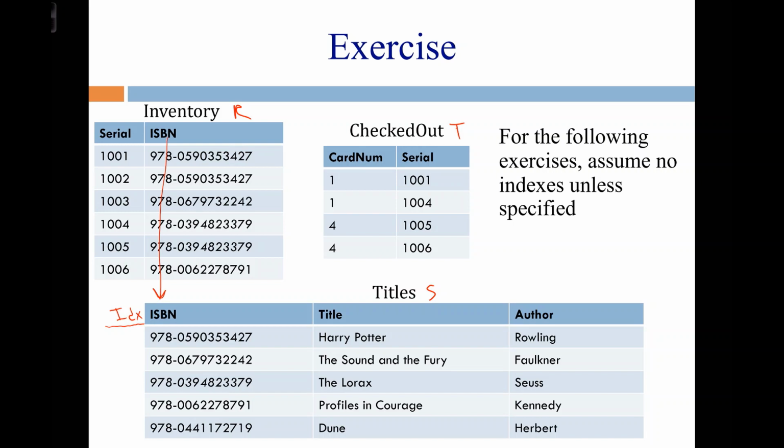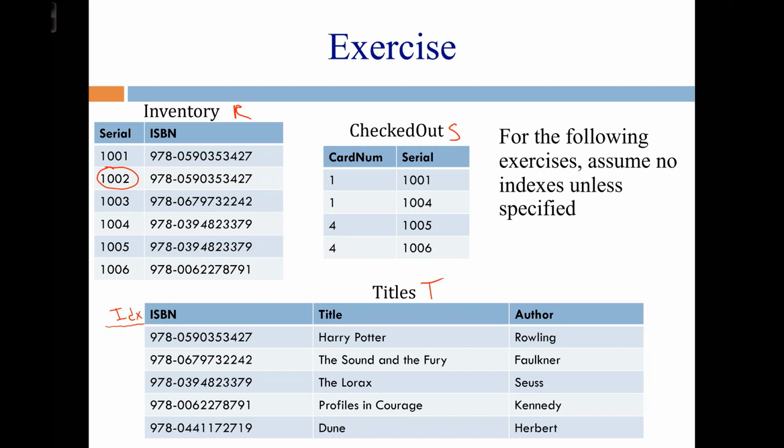There may not actually be something checked out for every row in the inventory table. So if we were to swap S and T, so we put checked out in the middle and T on the inside, then we would still have roughly the same number of lookups and pages loaded, unless, say, some book like this one here is not checked out in the checkout table.